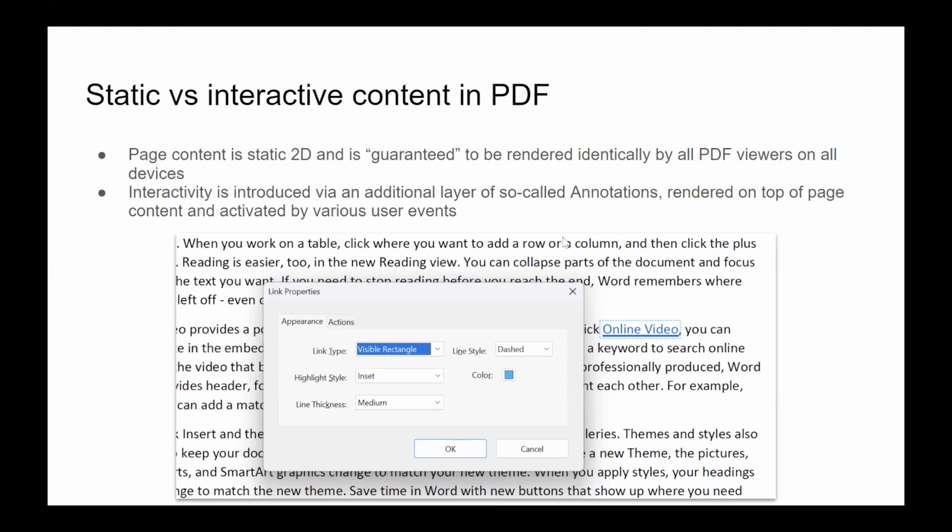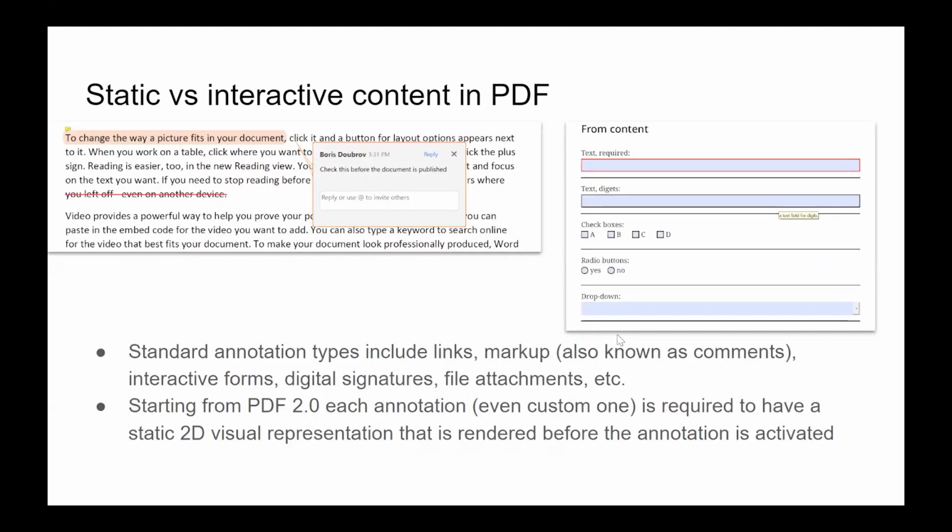Even the simplest kind of interactivity, a hyperlink, is a rectangle that is placed on top of page content, and you can specify how it looks and how it behaves. There are lots of other kinds of interactive features or annotations in PDF today, like when we go and comment on PDF documents.